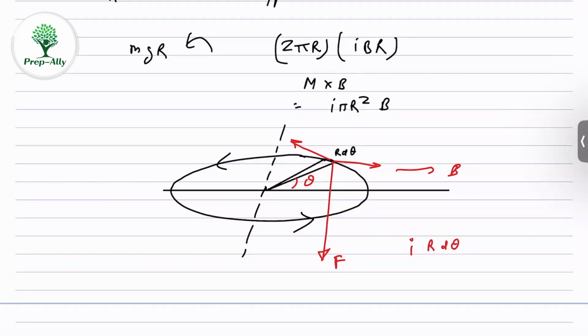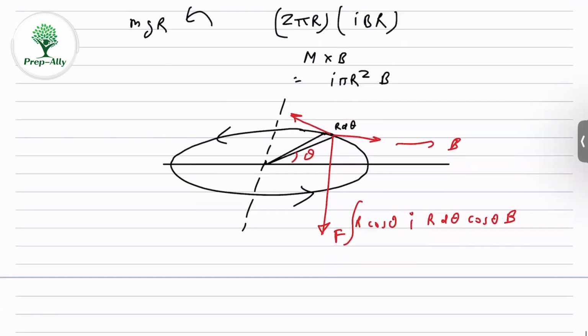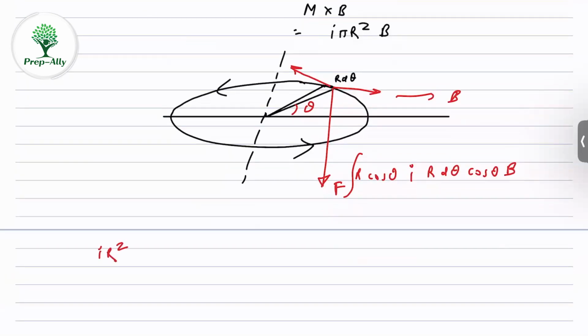So sine of 90 plus theta is cos theta. So this is the force. To get torque, I have to multiply by r cos theta, integrated over theta from 0 to 2 pi.